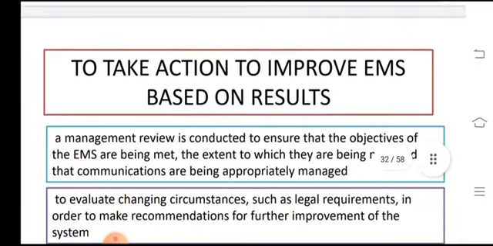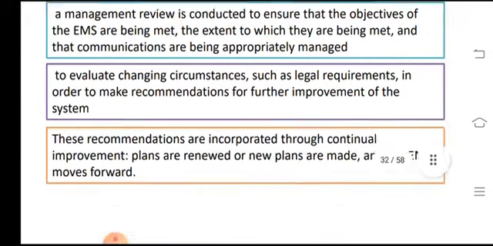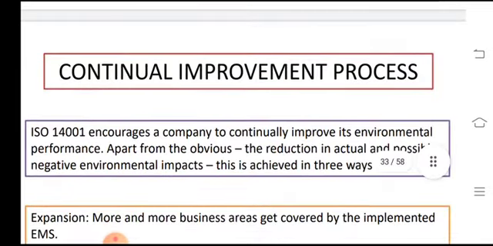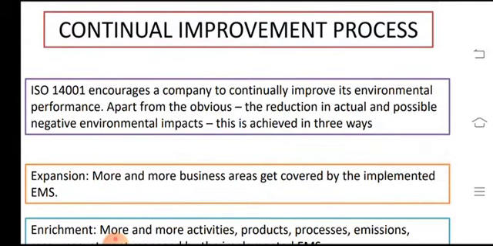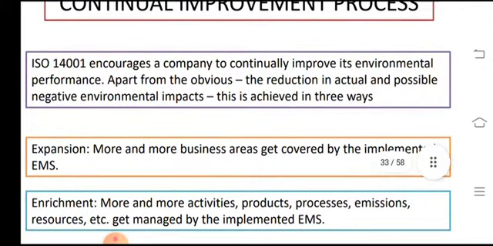We need to develop those requirements and actions which can help improve the EMS, and that is done by CI, continual improvement. So this is the phase we are talking about, the continual improvement process. In this case, we will have some modifications as suggested in the previous phase.